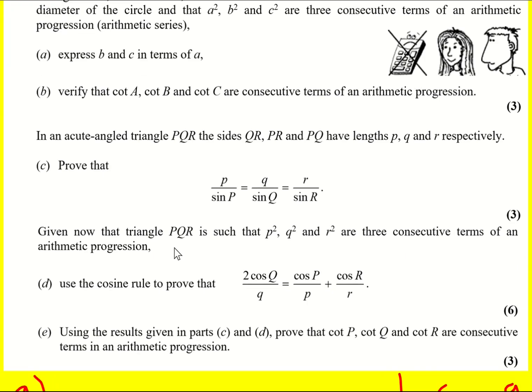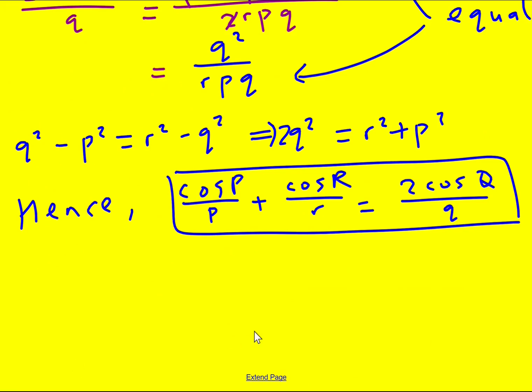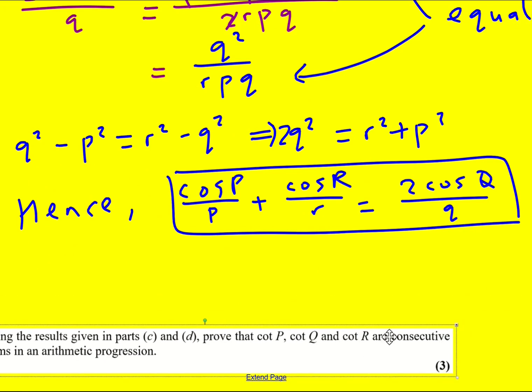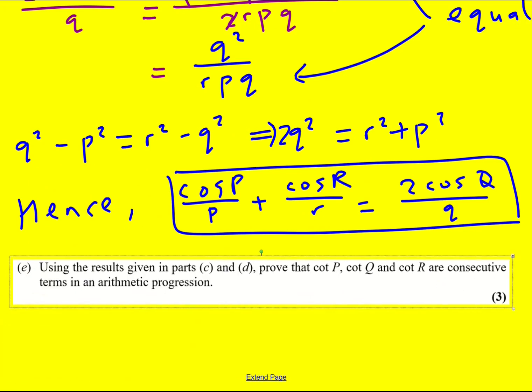Looking at the final part now, we've proven the sine rule and we've got this result using the cosine rule. It says using the results given, prove that cot P, cot Q, and cot R are consecutive terms in an arithmetic progression. So if this is true, then we can show that the common difference is equal.